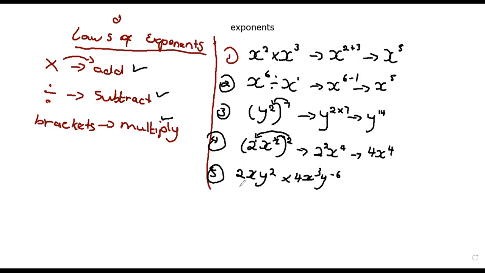What do you do now? I'll just answer it like this. Firstly, numbers multiply numbers, variables multiply variables. Variables, we're talking about the alphabets. So 2 times 4, what do you get? You get 8.